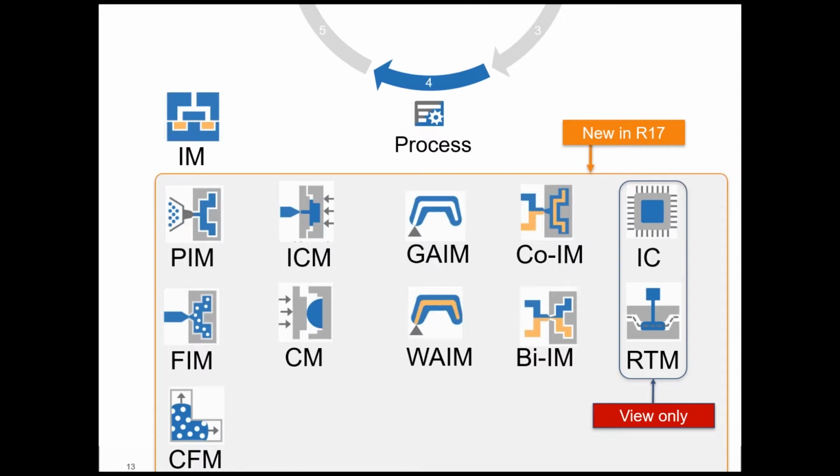So, for example, powder injection metal molding, foam injection molding, chemical foaming. We have some compression molding applications, injection compression and compression molding will be supported in R17, as well as gas assist, water assist. And then multi-material co-injection, bi-injection applications are going to be supported as well.